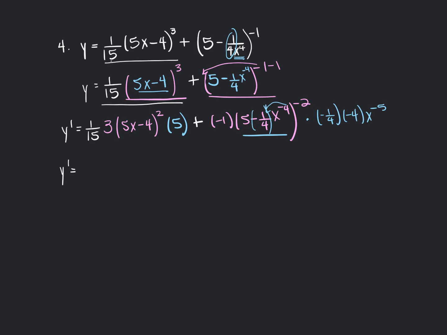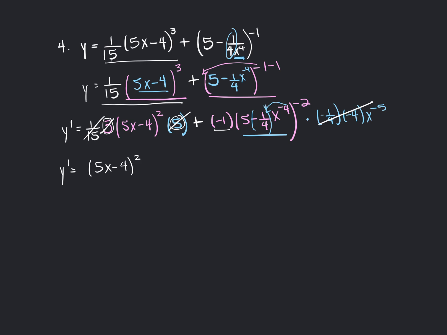So when I'm looking at this, I notice that 3 times 5 is 15, and 15 times 1/15 cancels out, so those all go away, and I have (5x minus 4) squared, okay? So then I'm looking at this other part. I have this negative 1, and negative 1/4 and negative 4, those cancel each other out.